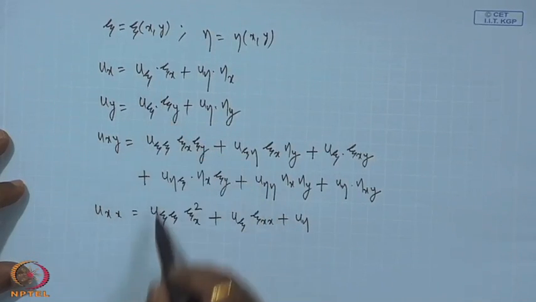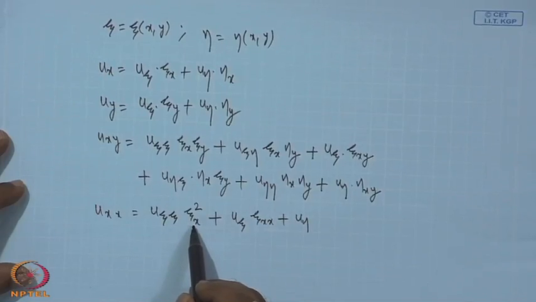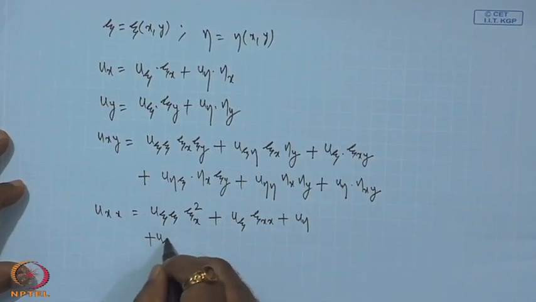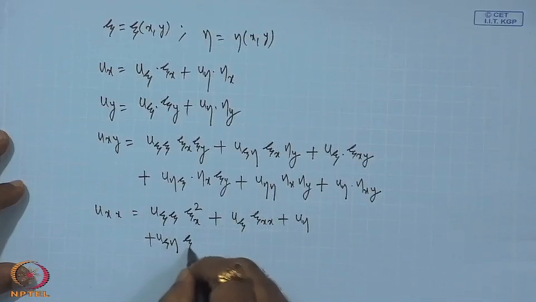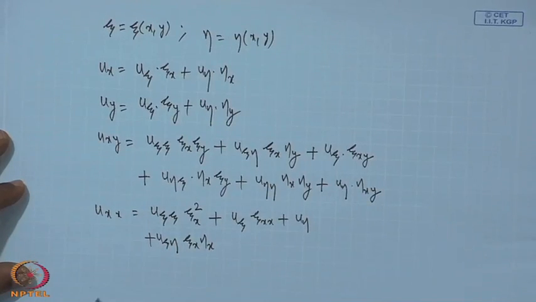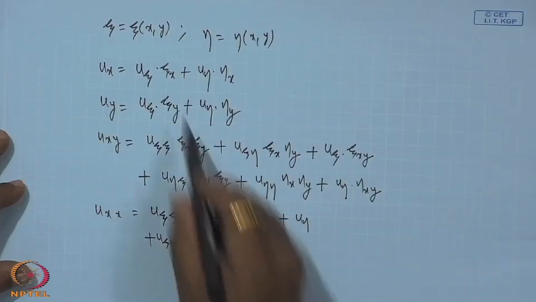First term u zeta zeta, and this we get a zeta term plus u zeta eta, then keeping u zeta fixed.